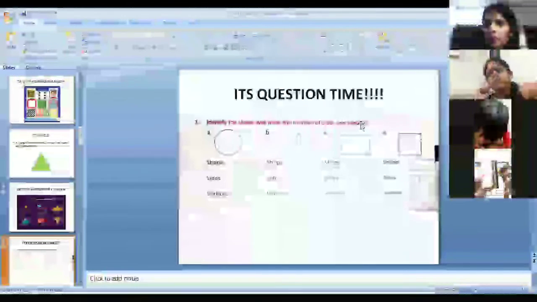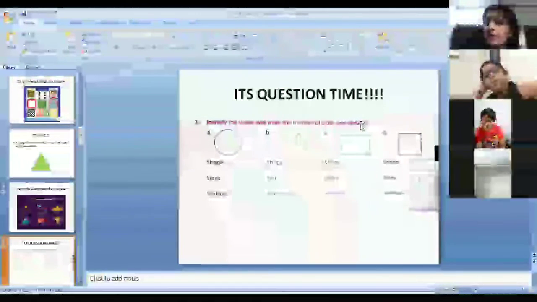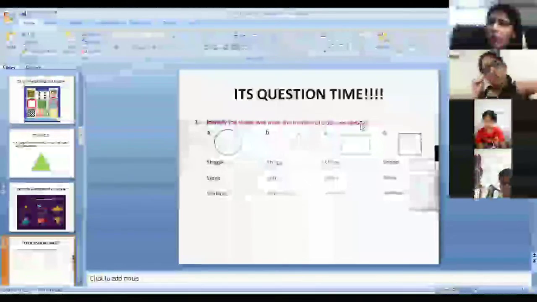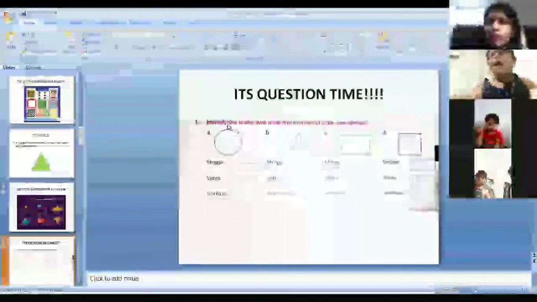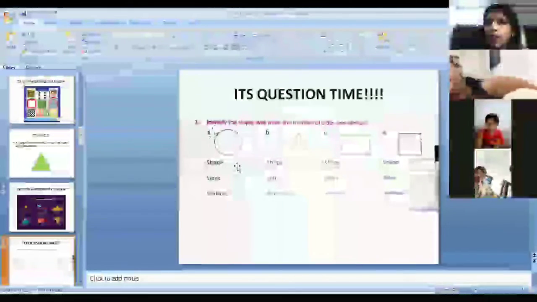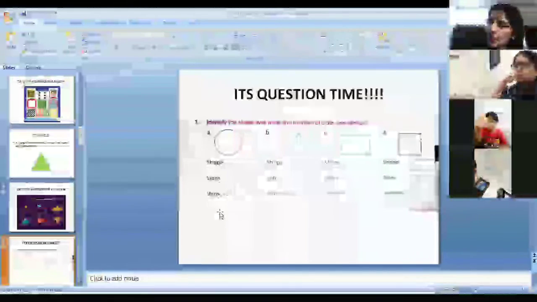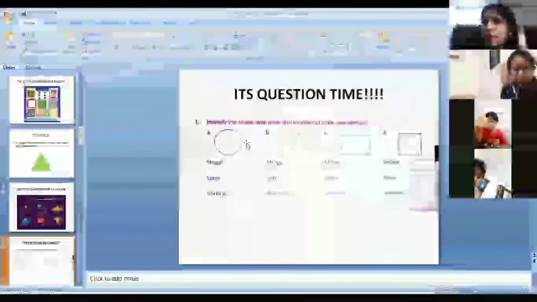Okay? Those who know the answer, children, please thumbs up. Then I will ask you. The first one is, you have to identify the first shape and you have to tell how many sides this shape has and how many vertices. Okay? But this, sorry, this we have not studied.